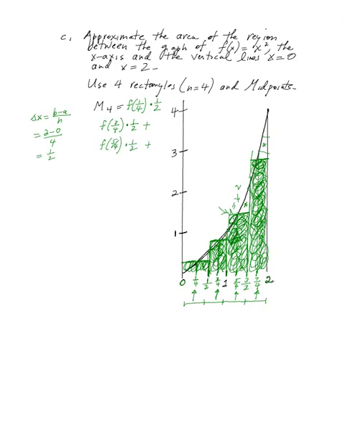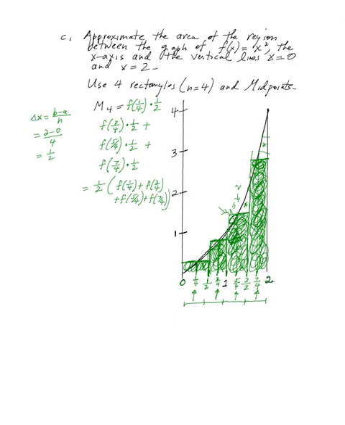And my last rectangle has a height of f of 7/4, a width of a half. And just like before, I factor out this 1/2, and so I get 1/2 times f of 1/4 plus f of 3/4 plus f of 5/4 plus f of 7/4.